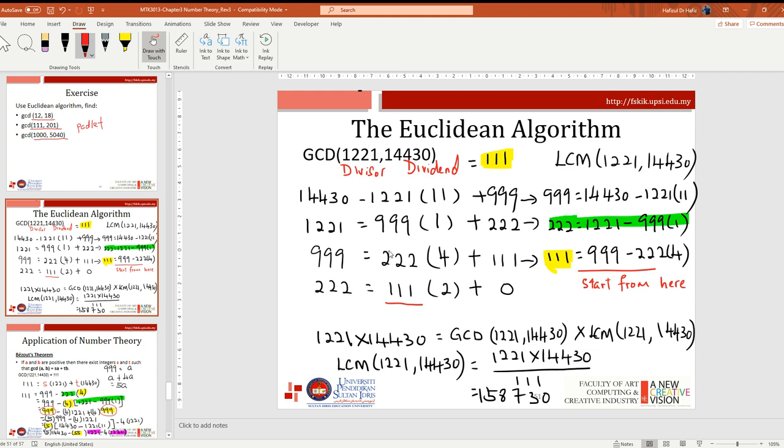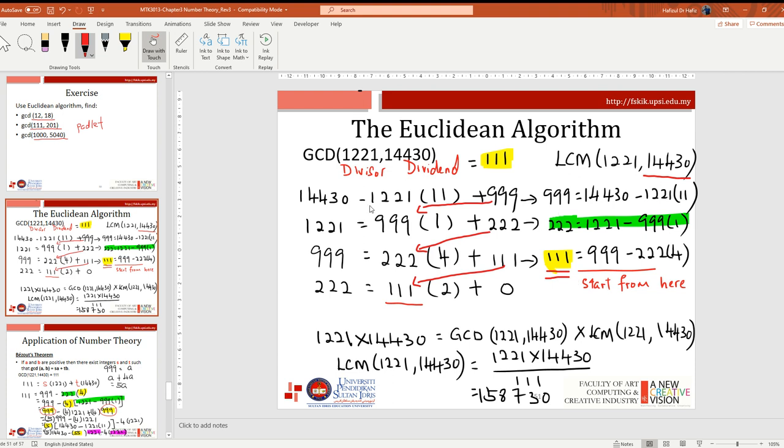Okay, this one is for the LCM. We have the LCM for 1,221 and 144,030. We go here, 222, until we got 111. Okay, we start from here, 111.